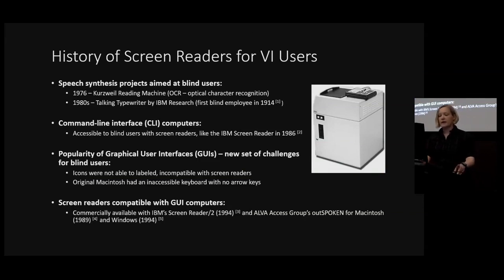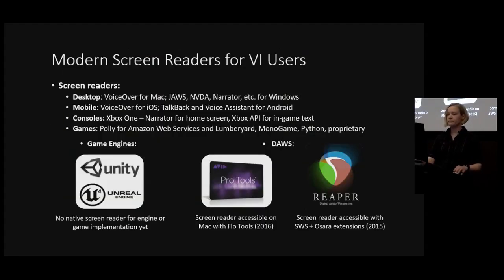So along with this, as we got into the 90s, then we had screen readers that were compatible with GUI computers, such as IBM Screen Reader 2, again IBM, and Alpha Access Group's Outspoken for Mac and Windows. So today we have several options for screen readers, which is excellent. Almost every device can have a screen reader on it.